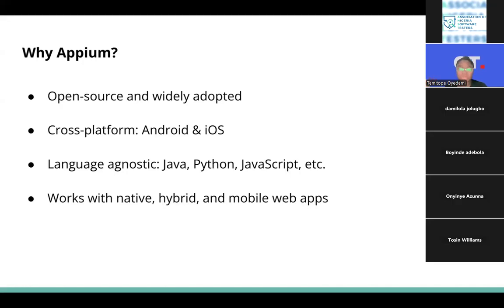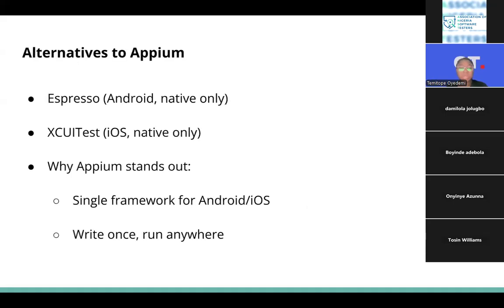Please read about it. Another alternative is XCUITest, which deals with iOS and native only. What makes Appium stand out is that you can have a single framework for Android and iOS, which you can reuse. You write once and run everywhere.